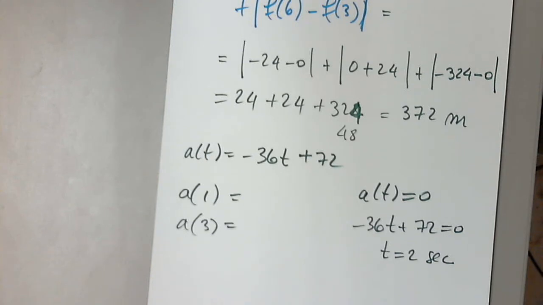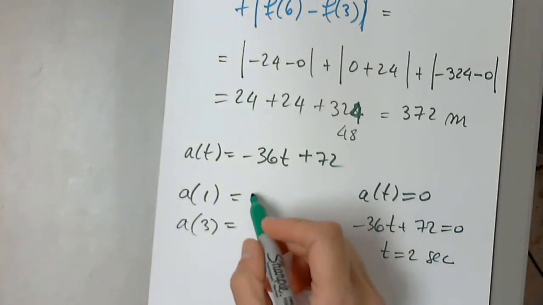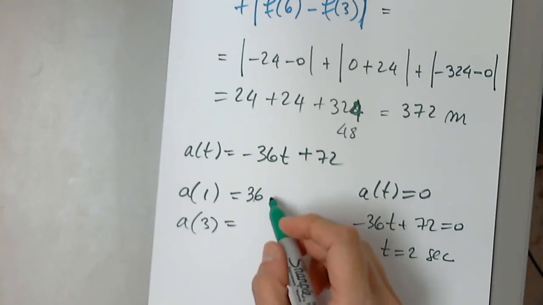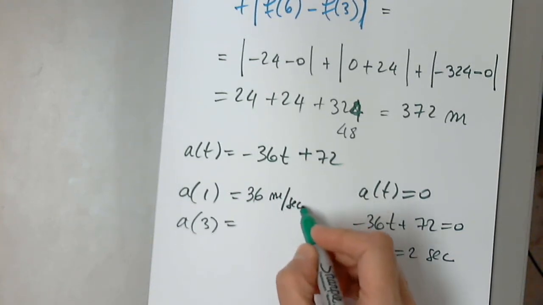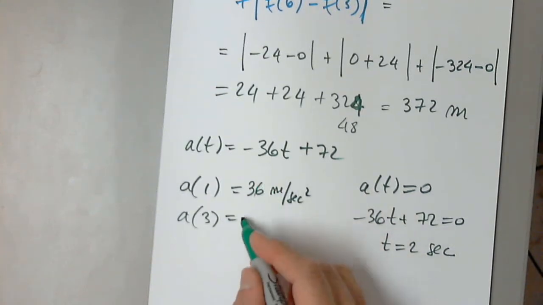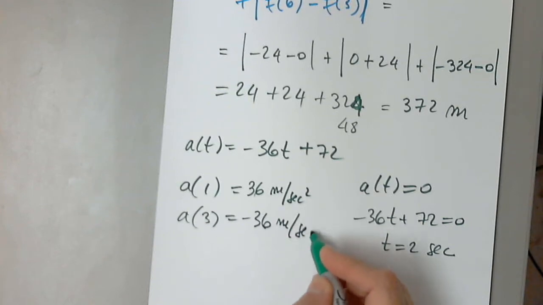Do you agree with 2 seconds? Negative 36 times 2 plus 72 is 0. So a of 1, I hope you agree, is 36, and the measurement unit is crucial: per second squared. Very good. And a of 3, very good.